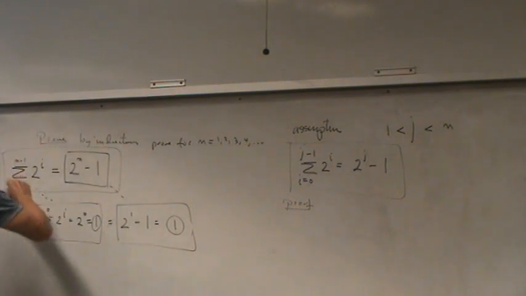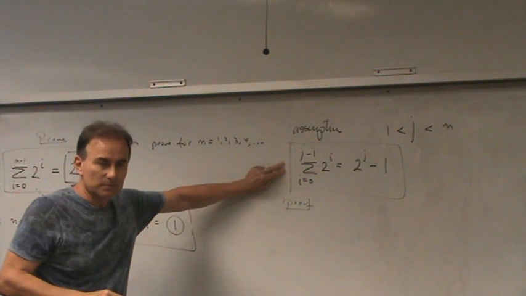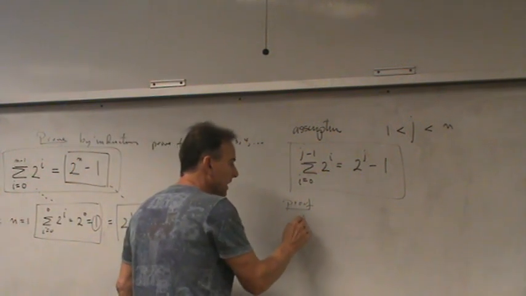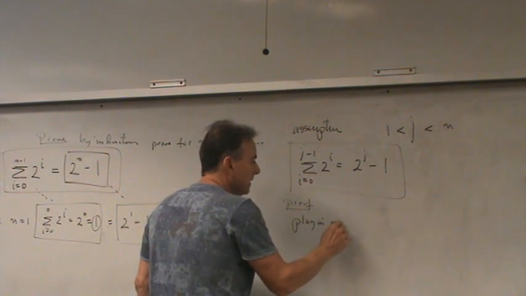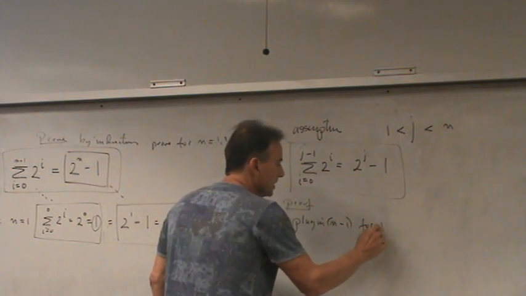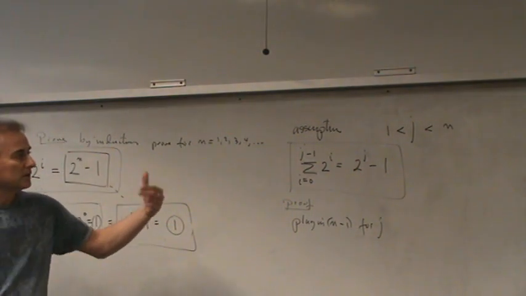To show that this is true, we will grab the assumption and we'll maximize the assumption. So we'll plug in n minus 1 for J. Why? Because the assumption says assume from 1 to less than n.